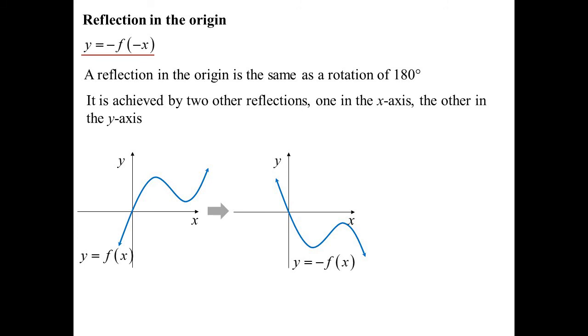Now let's do the vertical reflection of that shape. Now we replace x with minus x. So that would be y equals minus f(-x). Now if you compare the very first graph to the last graph, in reality what we've done is we've just spun that around the origin 180 degrees. So that's rotation.